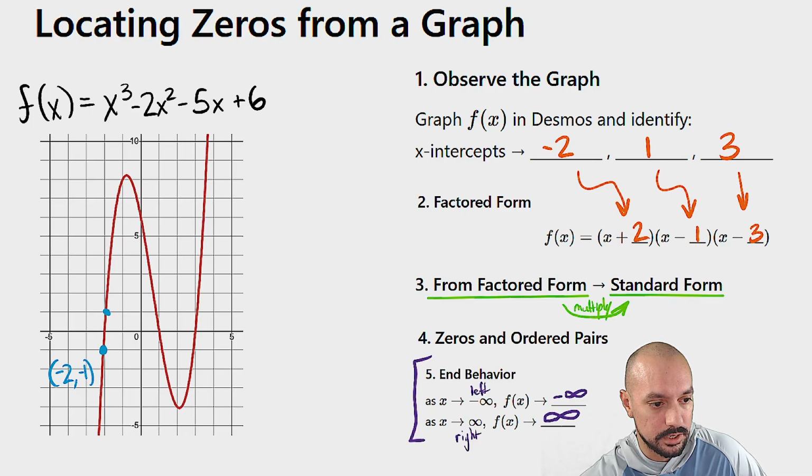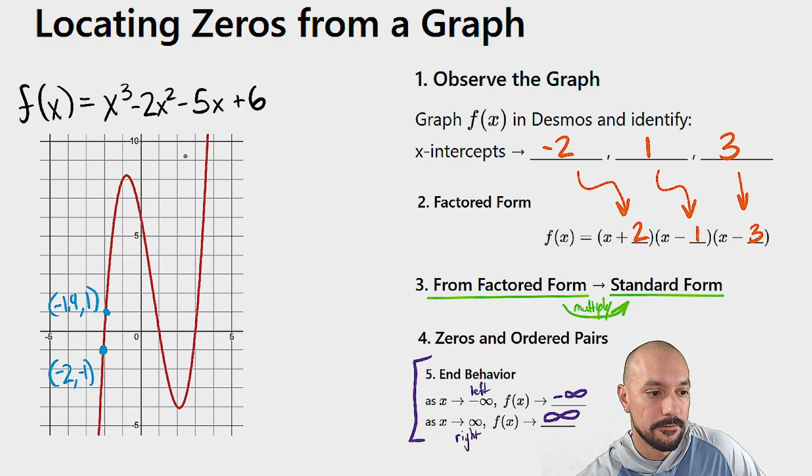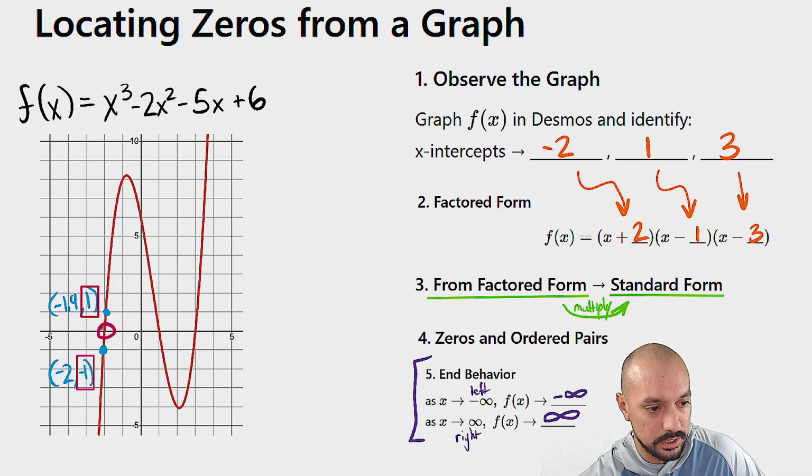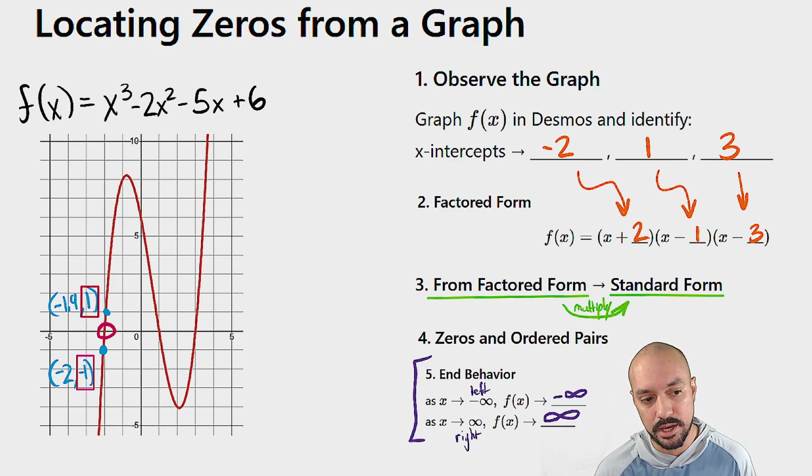This point here, again just estimating, is a little bit closer to 0 on the x-axis, so I'll say -1.9, and this is at +1. Because I went from a negative y value to a positive y value, I know that somewhere in here I had to have crossed the x-axis. There had to be a 0 in there.